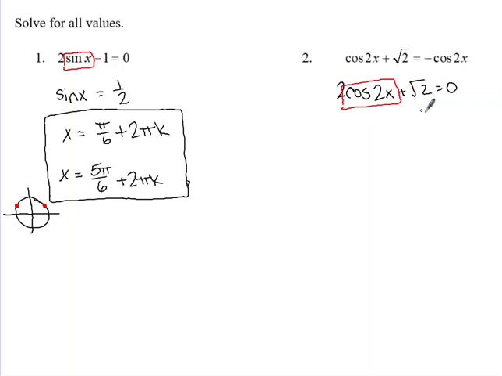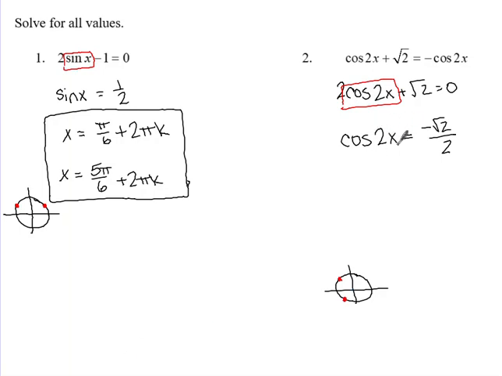So I'm going to subtract square root of 2 and then divide by 2. Again, I need to think about my unit circle. Remember that cosine is the x value, so cosine is equal to negative square root of 2 over 2 at 3 pi over 4 and 5 pi over 4.